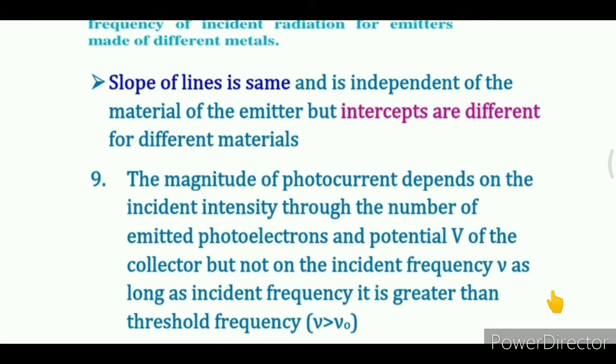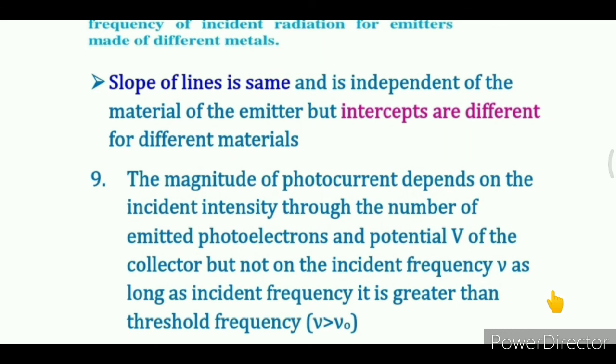All the above arguments bring out the fact that the magnitude of the photocurrent depends on the incident intensity, through the number of emitted photoelectrons, and on the potential V of the collector, but not on the incident frequency nu, as long as the incident frequency is greater than the threshold frequency.